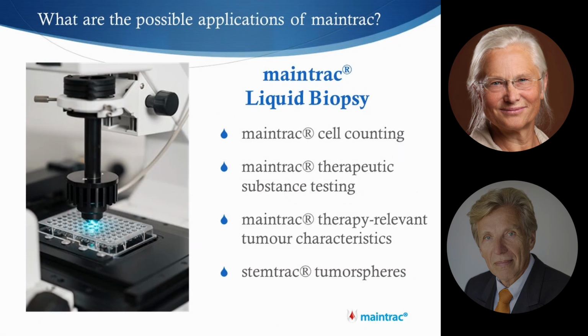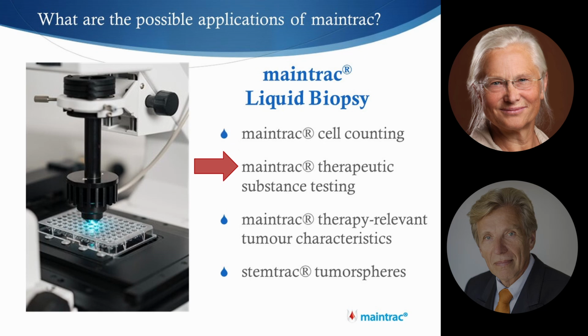What are the possible applications of maintrac? Maintrac can be counted among the liquid biopsies. So it's directly from the blood. Therefore, it can be repeated as often as necessary and do in first line maintrac cell counting. So we count the number of cells over time.